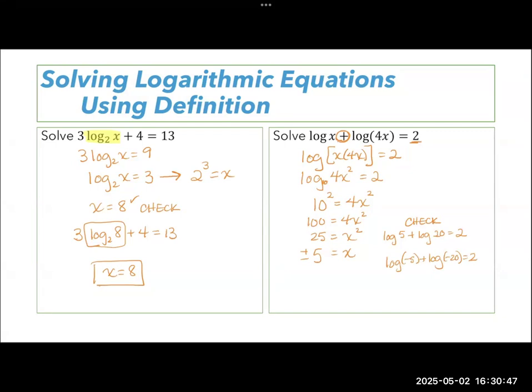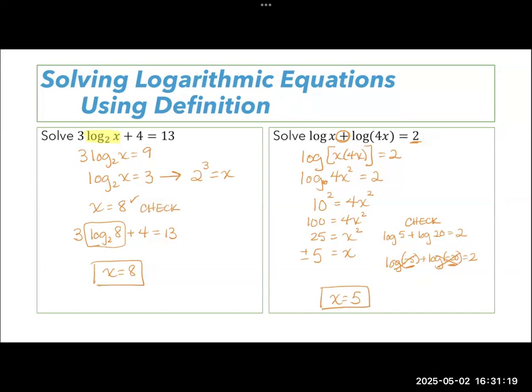Now, even though I would be multiplying those two numbers together potentially to get a log of 100, which is equal to 2, the fact that I'm taking the logs of negatives in both of these is a problem and cannot be evaluated individually. So my final answer is only going to be x equals positive 5. The negative 5 is not a reasonable answer. It is an extraneous solution.